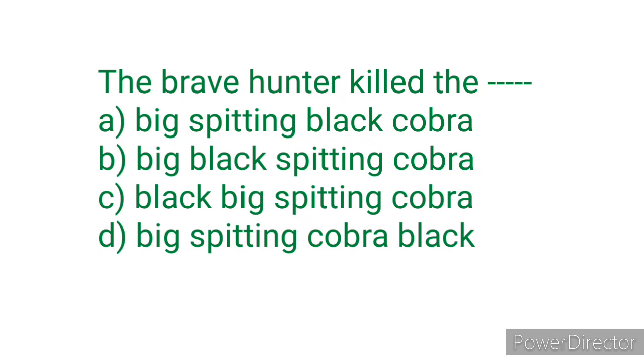Now big is going to be the first thing that will appear in the option you are going to select as the right one. So that will make us strike off option C. Option A, option B, and option D all have big in the first position. So let's continue. Before the end of the lesson, we'll be able to decide which one is the correct answer.